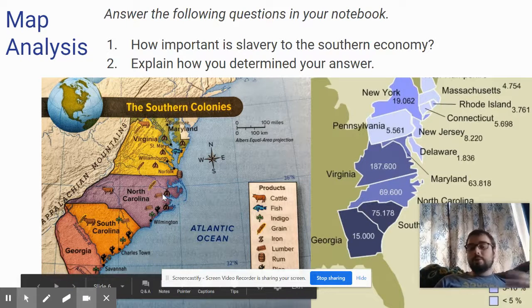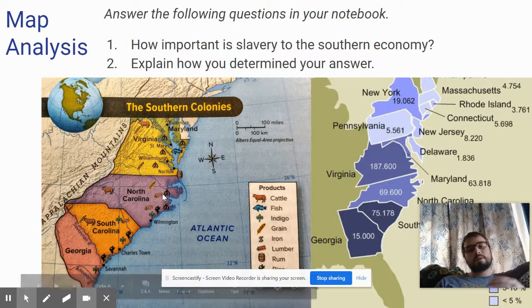Well, if you did your reading, what do you know about large crops in the South? Well, they required lots of workers and laborers. And typically what the South would do is use slaves for those. So that's going to tell you right now, if their economy has a lot of crops, they're probably going to have lots of slaves.